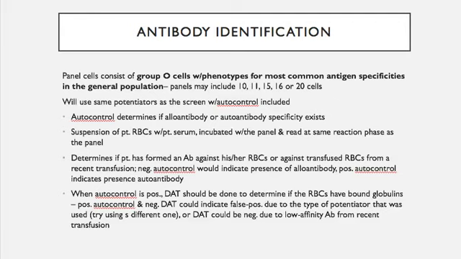It determines if the patient has formed an antibody against his or her own red cells or against transfused red cells from a recent transfusion. A negative autocontrol would indicate the presence of an allo antibody. If the patient has a positive autocontrol, it indicates the presence of an autoantibody.